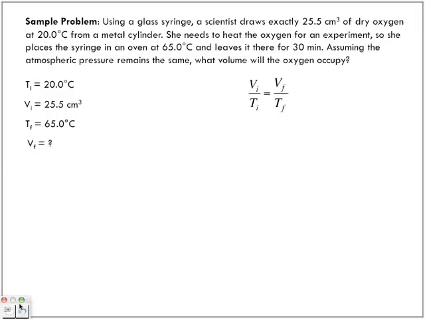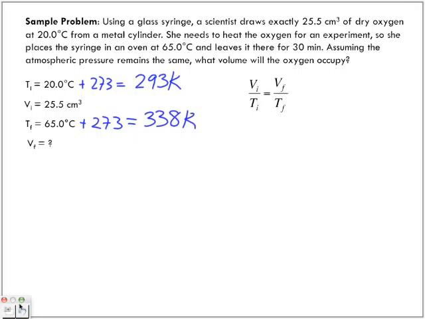So all we're going to do with both of these temperature units is add 273. So when we add the 273, we get 293 Kelvin and 338 Kelvin.